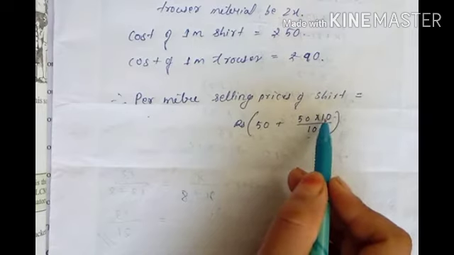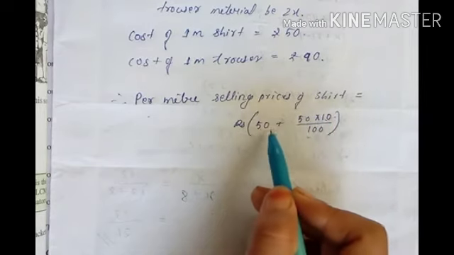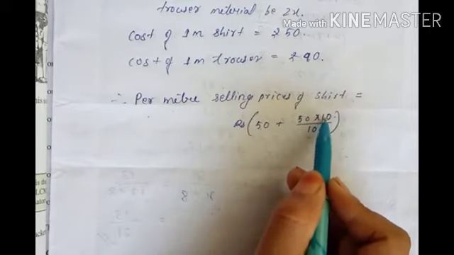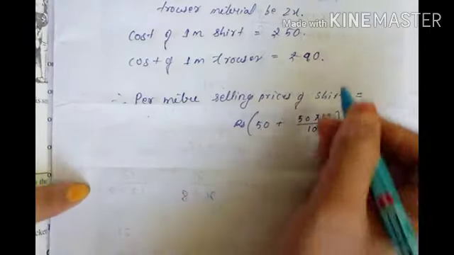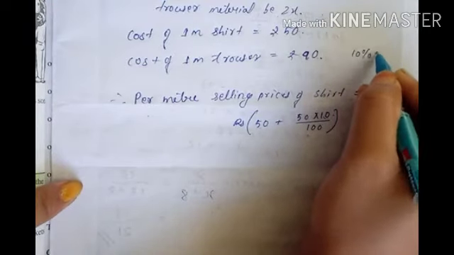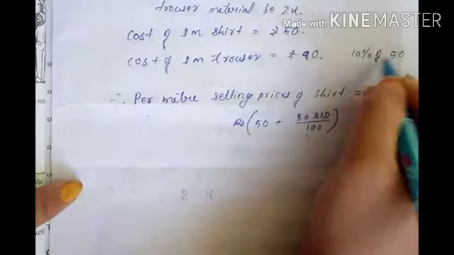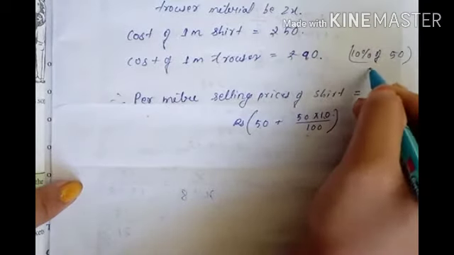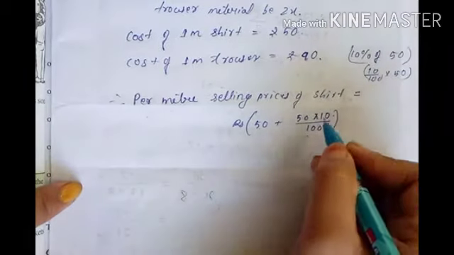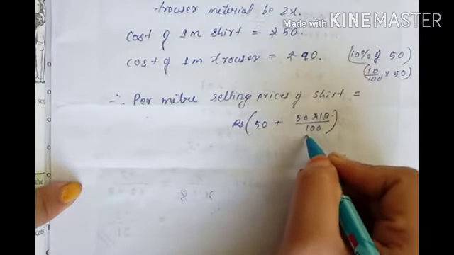So this 10 is what? Profit percent. Okay, so what will be the 10% of 50? I will explain: 10% of 50, how you will write this? 10 by 100 into 50, isn't it? So this is written as 50 into 10 upon 100.